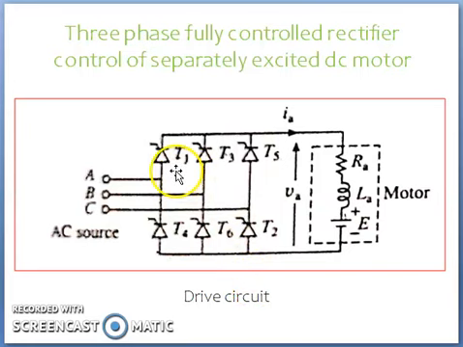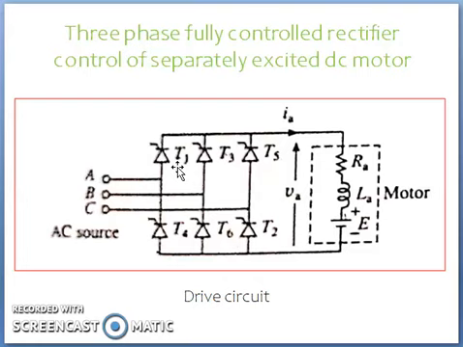So first T1 will be fired, then T2, then T3, T4, T5 and at the end T6, with a phase difference of 60 degrees by gate pulses of 120 degree duration. So each thyristor is fired after 60 degrees, but this pair will be fired after 120 degrees.